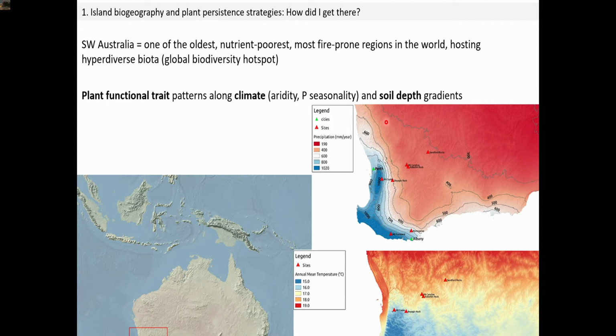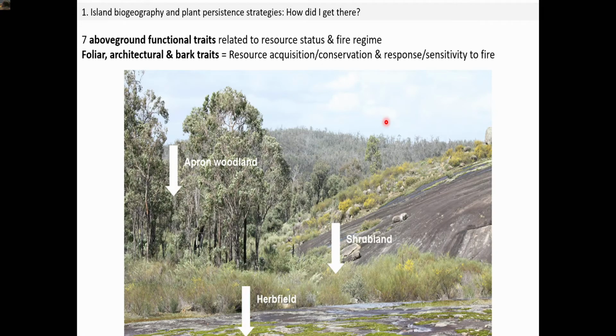There, I was studying plant functional trait patterns along climate and soil depth gradients. In terms of climate, I was studying the relationship between a bunch of traits with aridity and with precipitation seasonality. This is a picture of 3 habitat types that I was studying on these outcrops: herb fields, growing on extremely shallow soil, pretty much on bare rock; then shrublands; and then hebron woodlands.